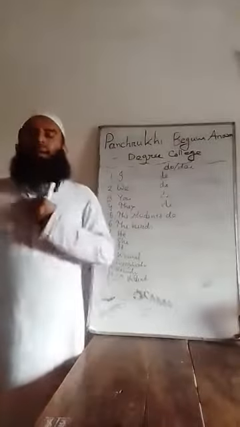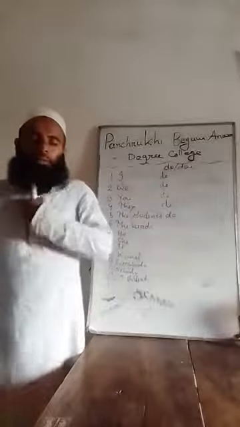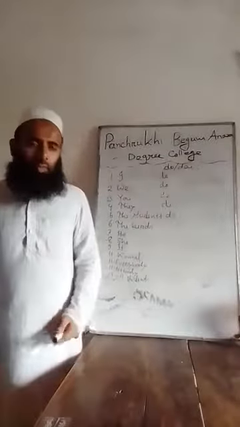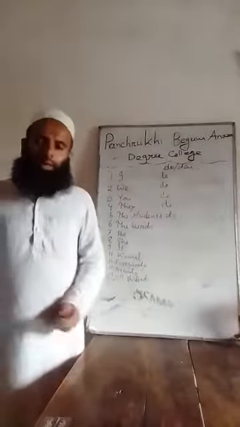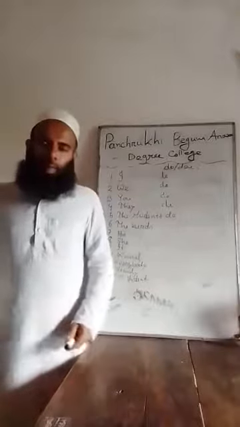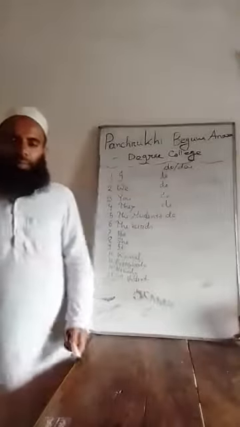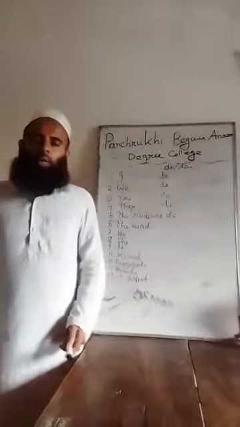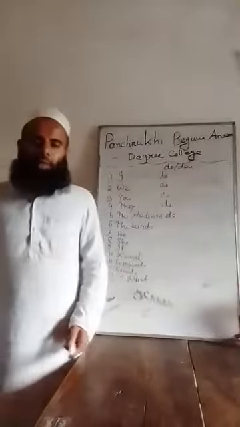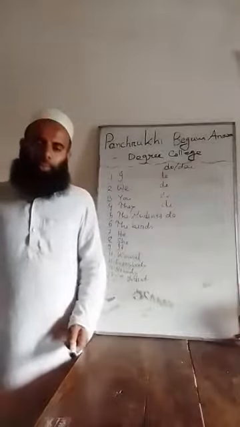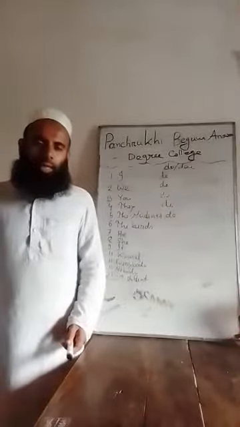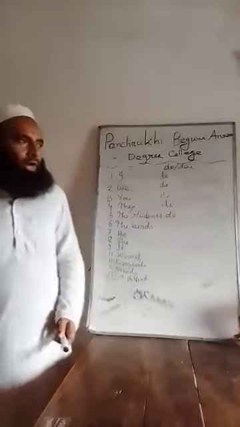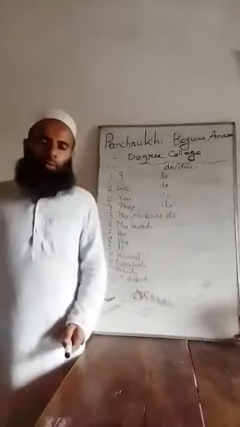These three verbs are used when we do not find any auxiliary verb in the sentence. If we want to make the sentence negative or interrogative, then we have to use do, does, did. In present indefinite tense, do, does. In past tense, we have to use did as an auxiliary verb. So all the students should know the use of do, does.